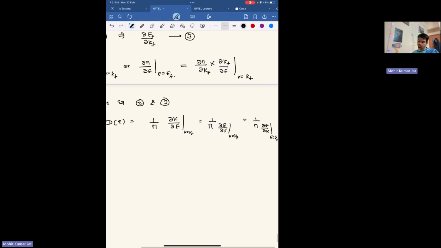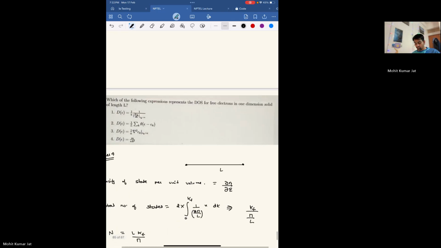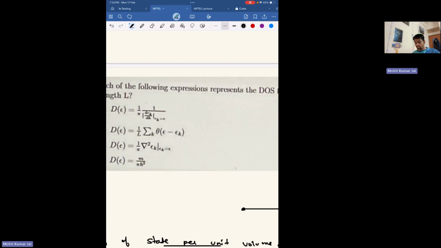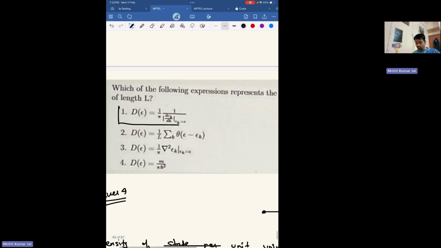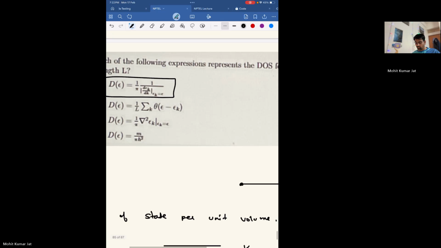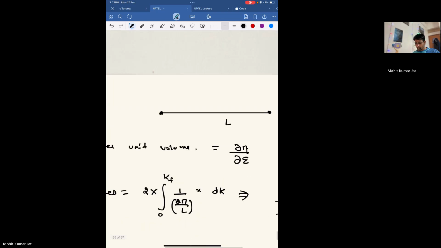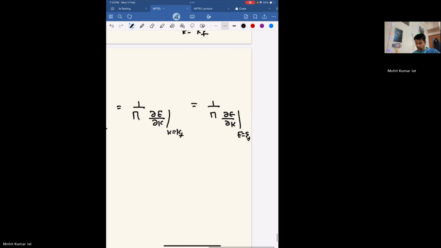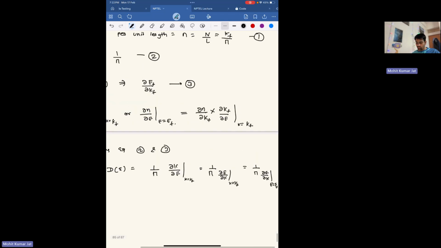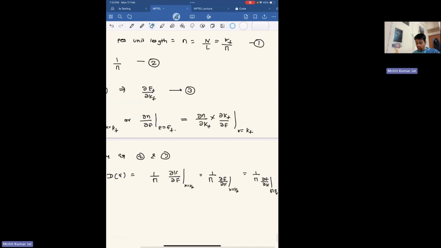Let's see, is any option there? Del E by del k at k equals k. Where is that Fermi function? Actually, it need not be k equals kf. It is just k, it need not be kf.